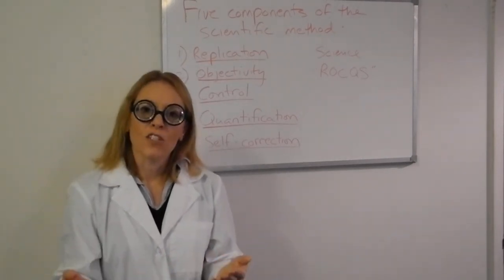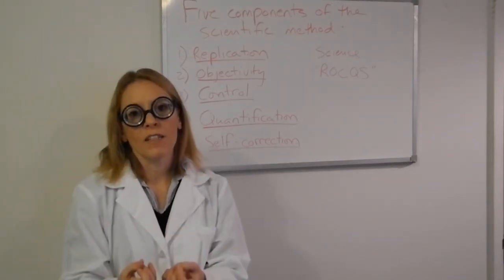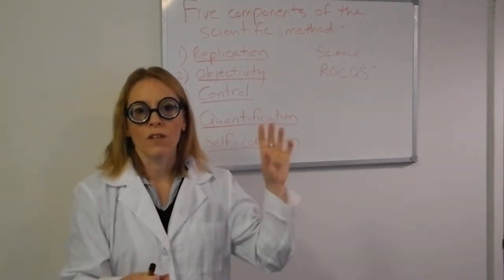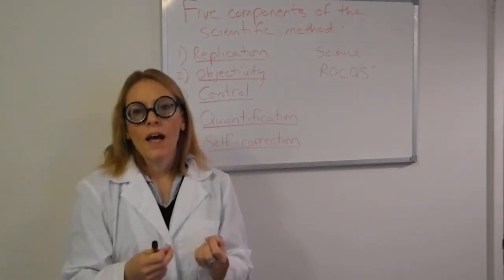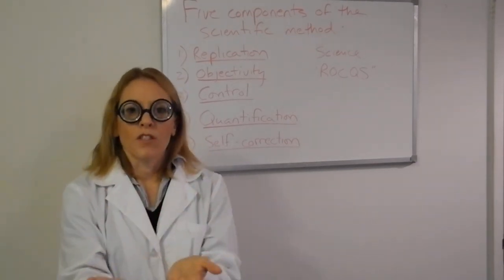So basically, quantification just means that we're taking something like memory and we are defining it in a way like the number of words that you remember if they've been flashed for a 10-second period, or whatever the definition is. How many words did you remember?